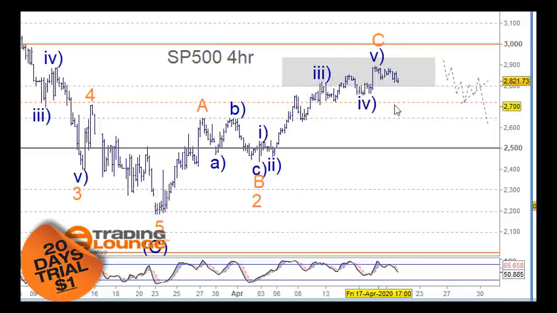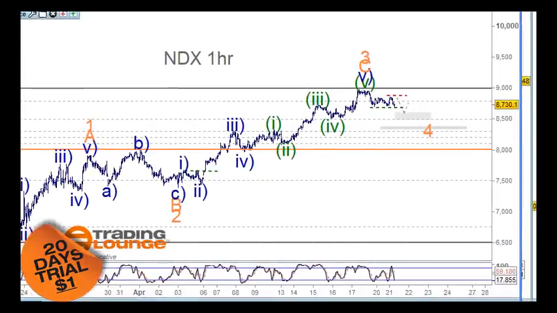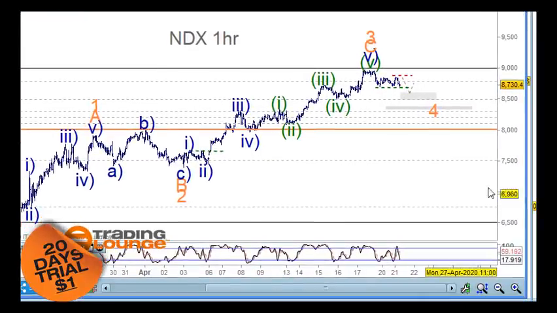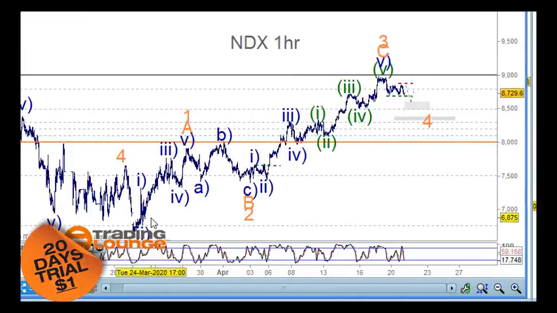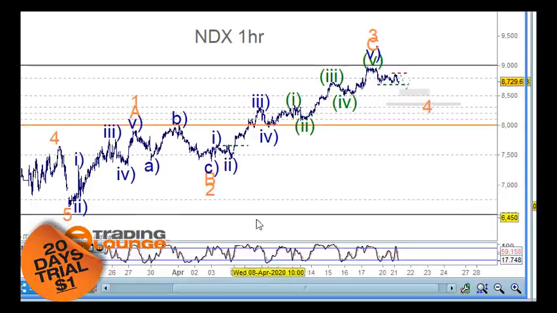The Nasdaq has been leading to the upside, so if we just have a look at the Nasdaq for a moment, it's got more range in it and it's just got better form. So from the low here, we can count up for an A and a B and a C wave here, or we can count it as 1 and 2 and 3 here, which looks a little bit better because it's moved.